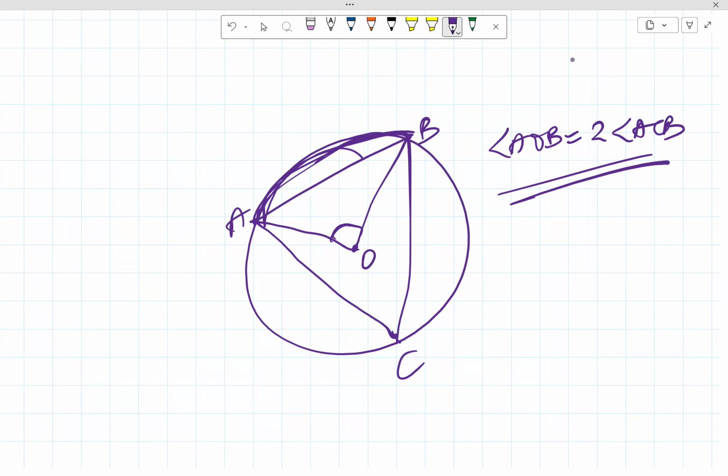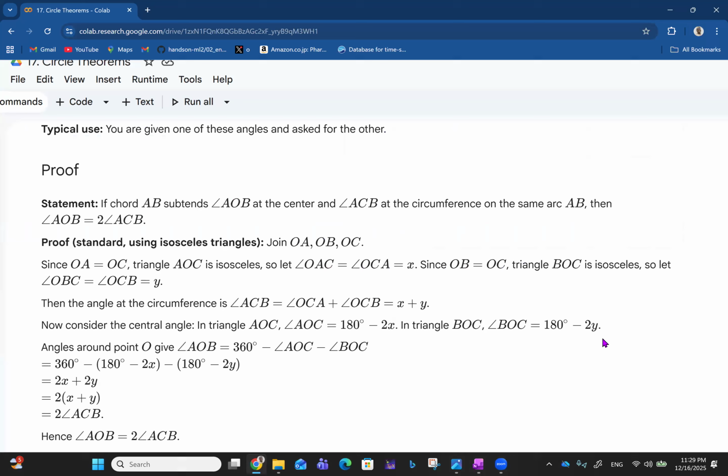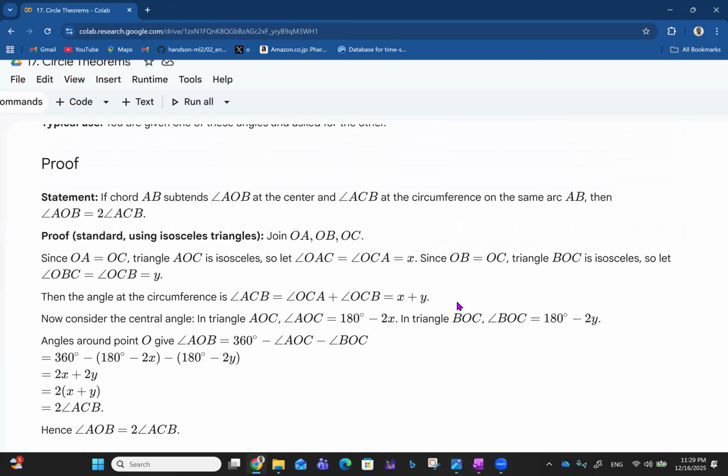We have the proof here, but I'll just read through this and come back to that page. If chord AB subtends angle AOB at the center and angle ACB at the circumference on the same arc AB, then angle AOB is equal to 2 angle ACB.